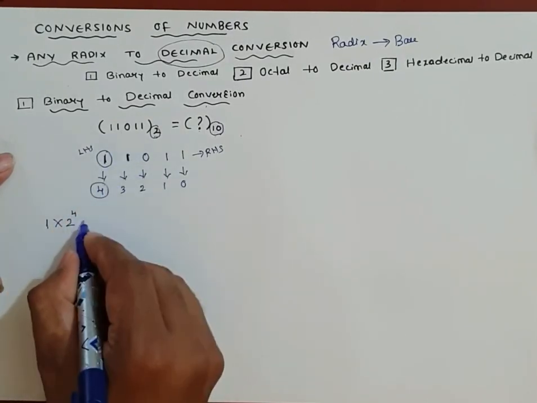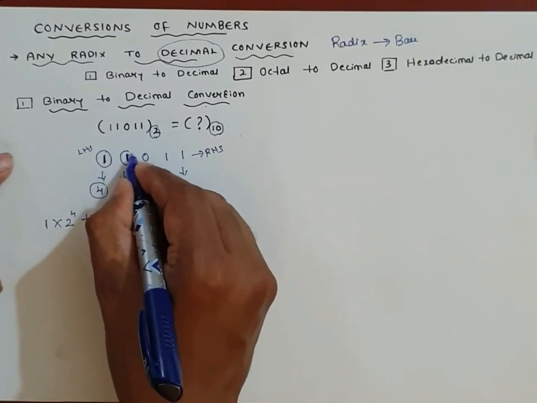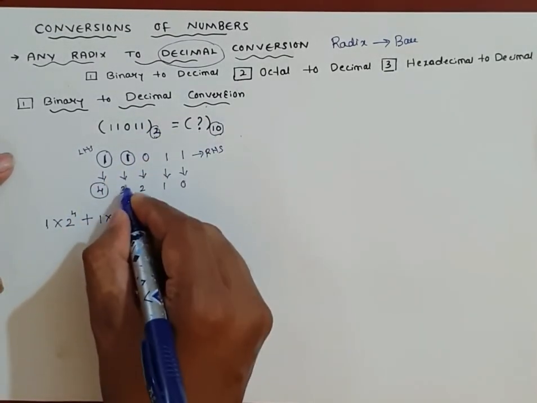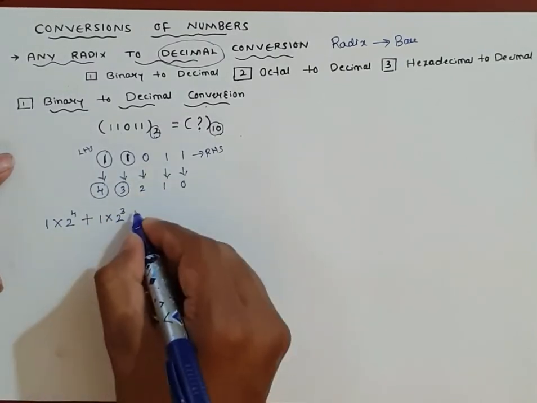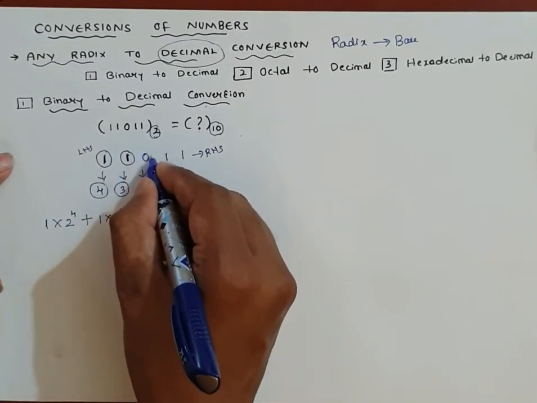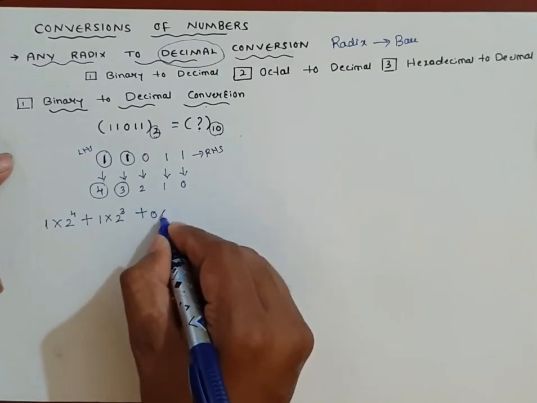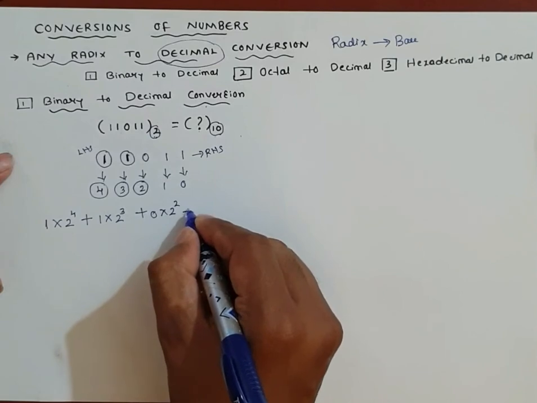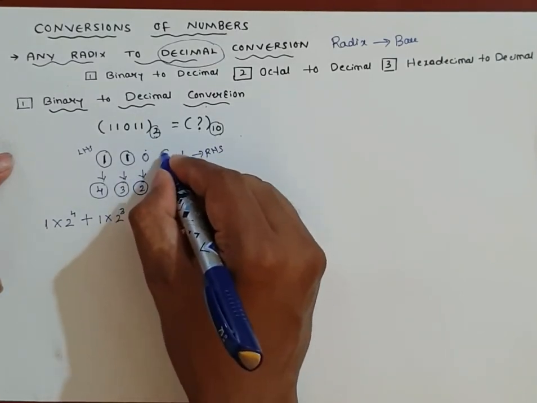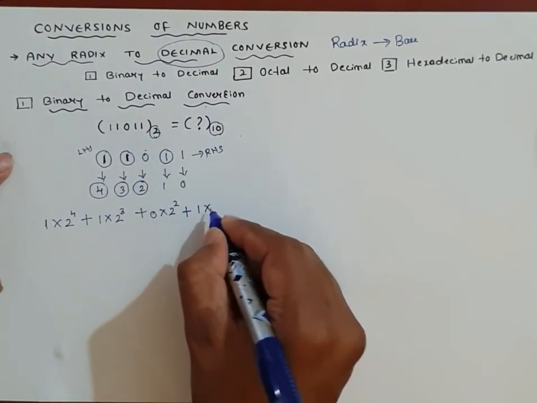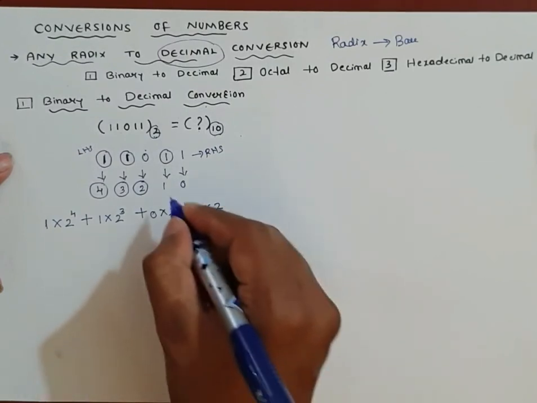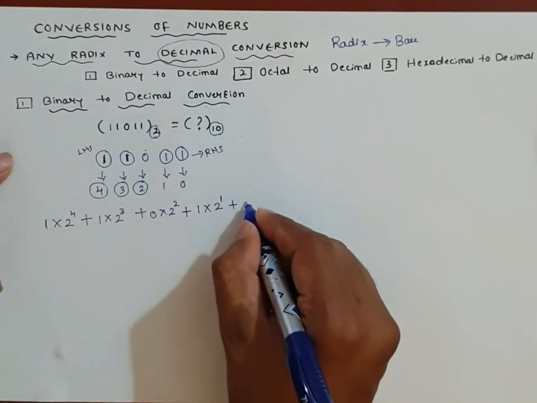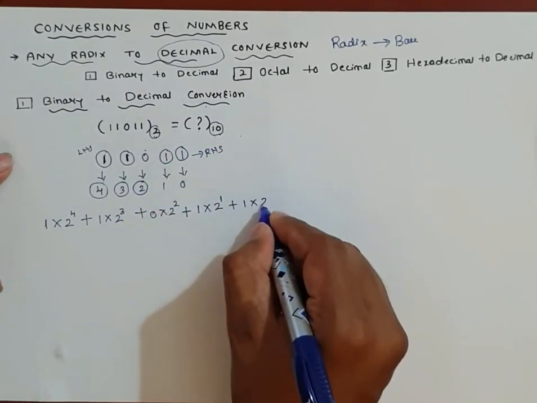If you are going for the next bit, plus again this 1 into 2 power 3, again plus, so here the bit is 0, 0 multiply by 2 and the power should be 2, plus again this 1 into 2 power 1, plus again 1 into 2 power 0.